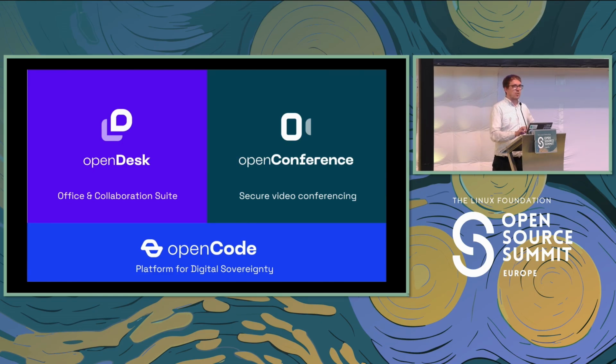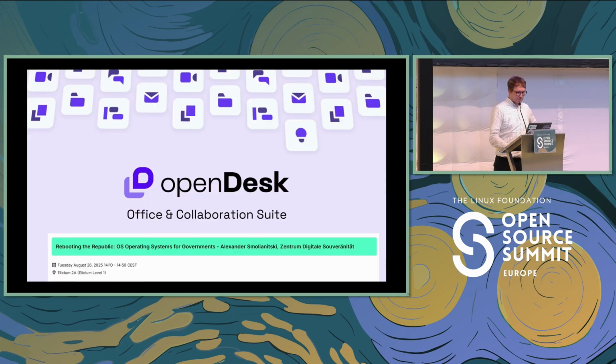Two of the programs we're currently working with: one is openDesk, a full office and collaboration suite integrated with open source components, many years on the market. The second is around video and conferencing tooling, setting this up and bringing it into a rollout for the public sector. And this all comes with platform infrastructure, mainly around the software development lifecycle, which is the main part I want to talk about today.